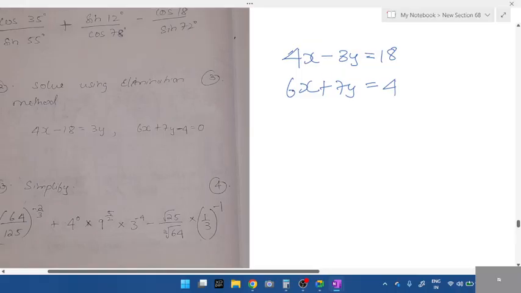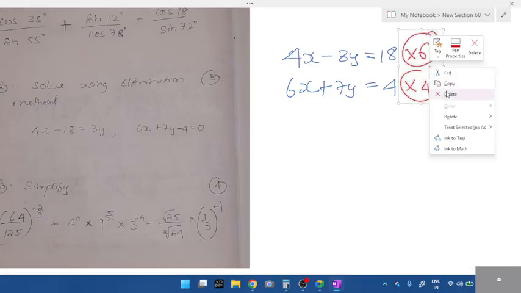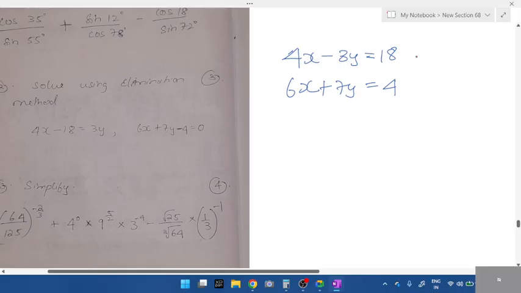We have 4 and 6. You have to multiply by 4 here and by 6 here. Or if you take LCM, you get LCM as 12. What did you multiply here? Into 7. And here into 3. Right? Into 7 and into 3.